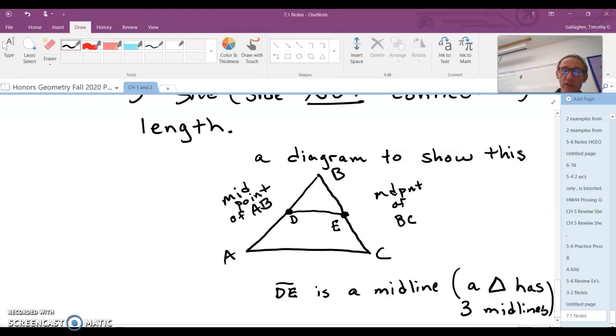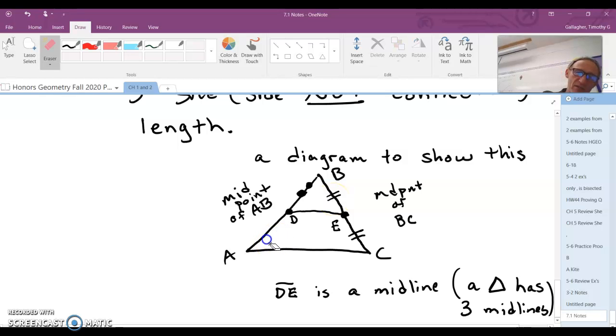So, according to the theorem, the midline connects the two midpoints, and I can indicate that with some symbols here. Then this is the midpoint of BC, so it divides it into two congruent segments. I don't like those here.